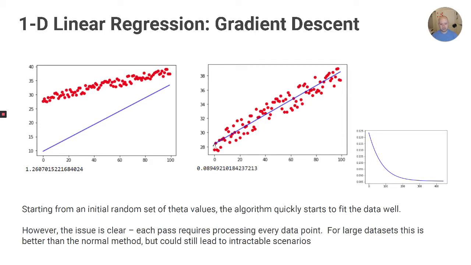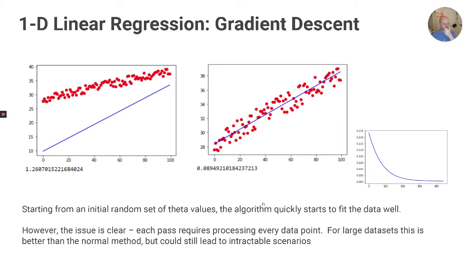On the right, this plot is the loss over the iterations. Around iteration 400 or so, the loss starts to flatten out, so additional iterations are not really improving the loss particularly much.